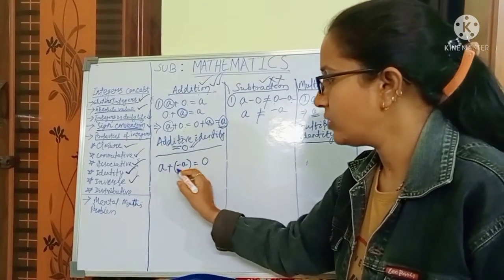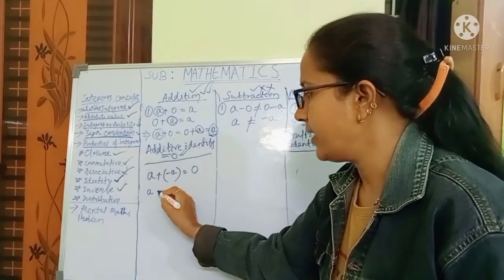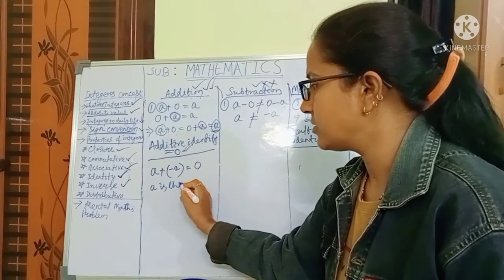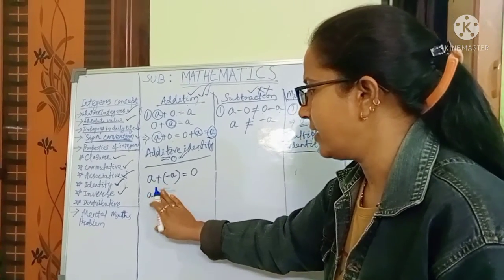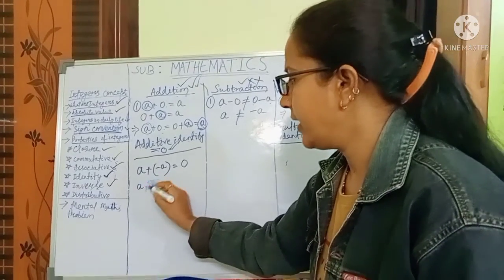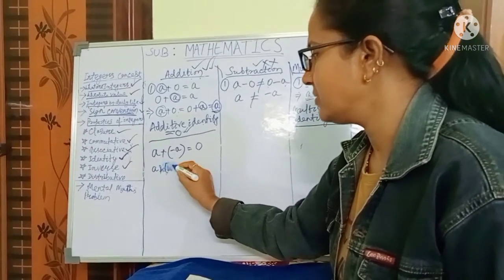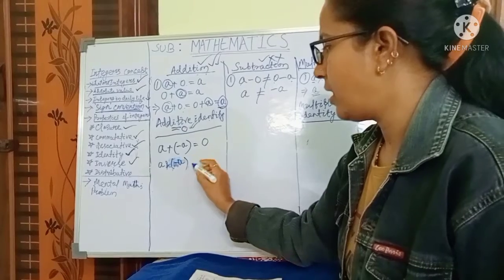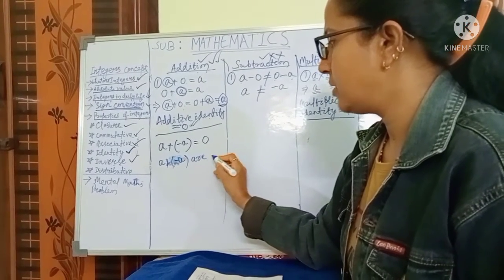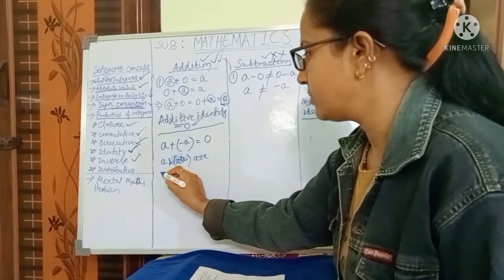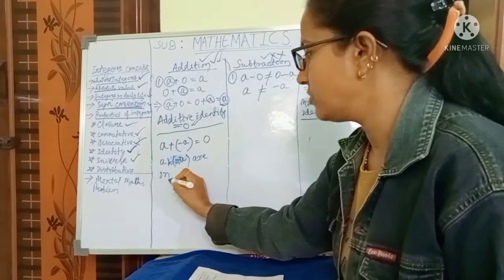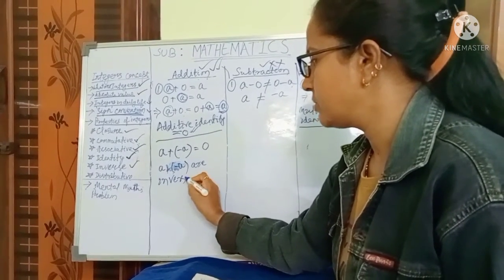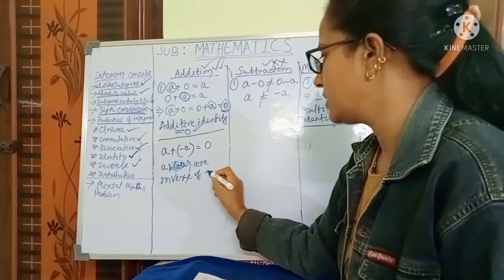So a and minus a are inverses of each other.